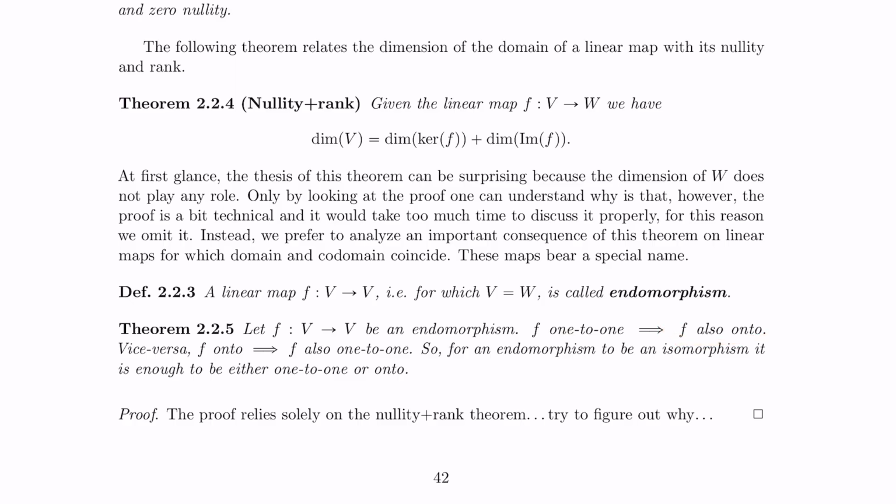If this endomorphism is onto, then it is also one-to-one. The very nice consequence is that if we have an endomorphism and we want to check if it is an isomorphism or not, we simply have to check if it is either one-to-one or onto. For an endomorphism, it is redundant to check both properties because one implies the other.